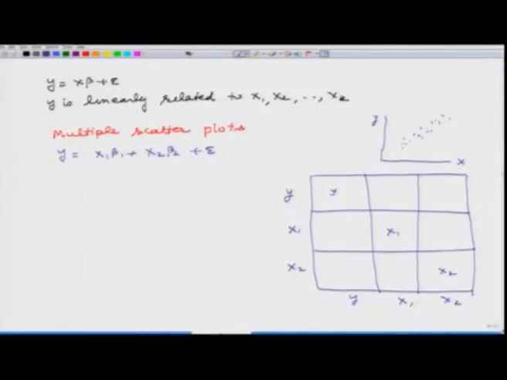But here this will give us a scatter diagram between y and x1. y is coming from here and x1 is coming from here, and here there will be a scatter diagram between y and x2. So, x2 will be coming from here and y will be coming from here.